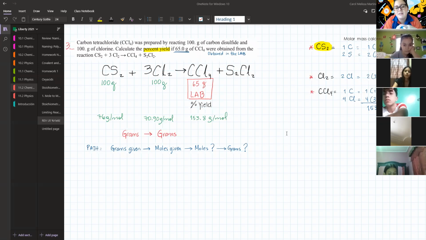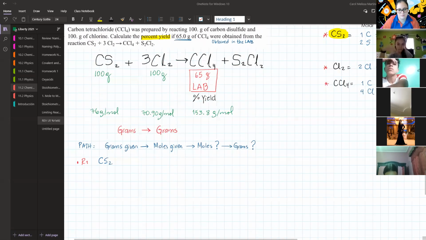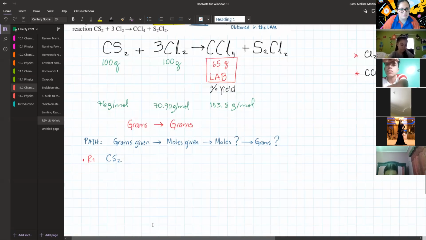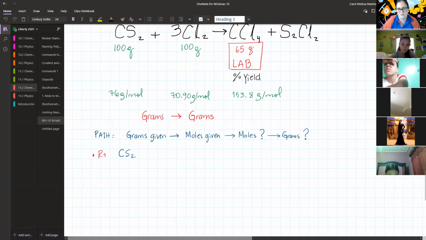So the limiting reactant, you cannot get it directly from the equation. You have to do a procedure. The procedure is that you need to work with both reactants, reactant 1 and reactant 2. Now the reactant 1 that I have in the equation is CS2, so I'm going to start working from that. Well, you don't need to see the procedure for the molar masses, so I'm going to focus on this.